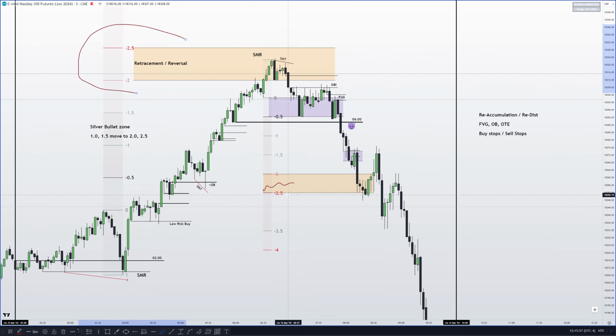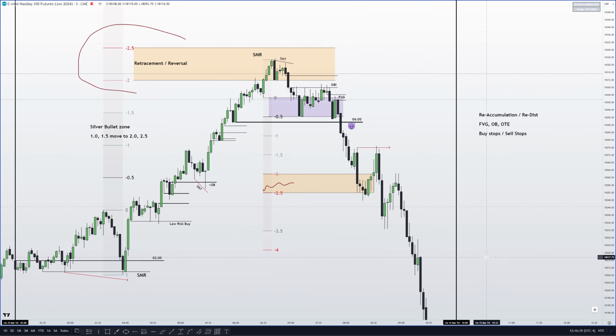2.5 deviation here, it's for one reaccumulation or redistribution level. So remember, if you don't have one internal liquidity in this time frame, in this reaccumulation or redistribution levels, if you don't have one fair value gap, order block, or OTE, what do you find in one reaccumulation or redistribution level?